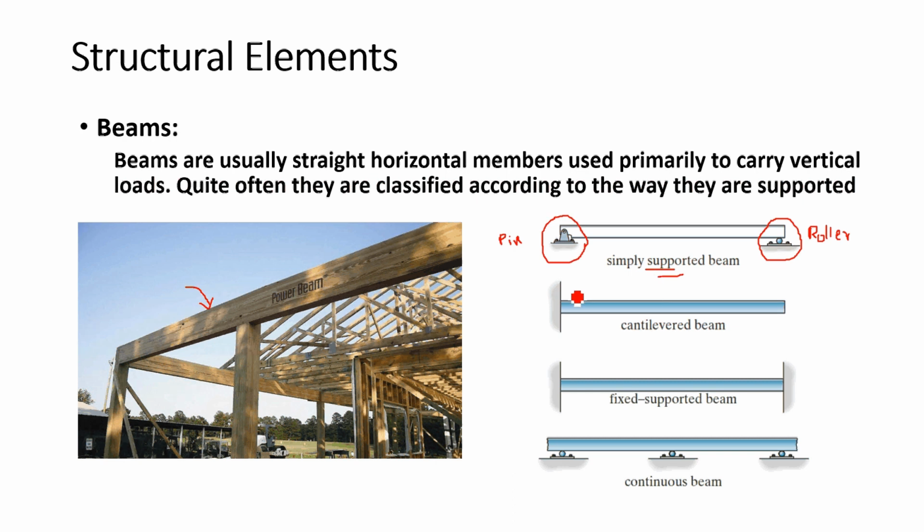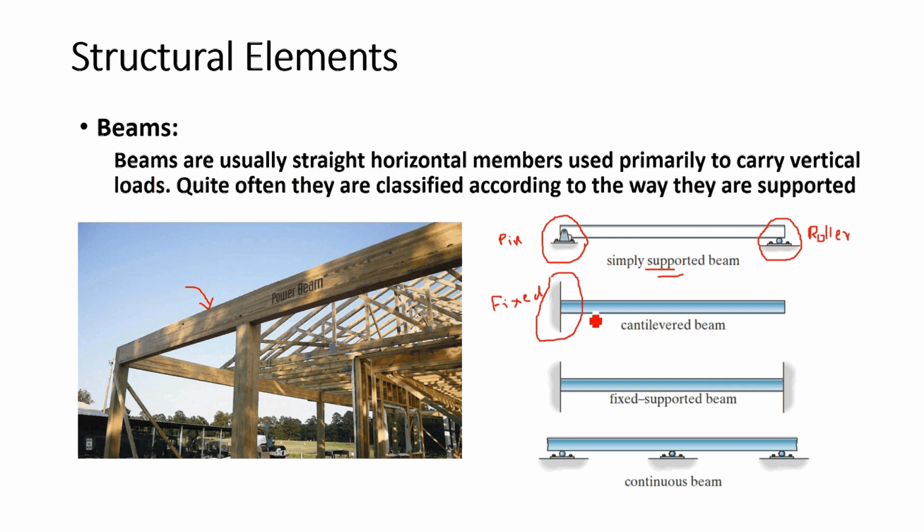We'll move on to the next one, the cantilevered beam. If you check these notations, it is different from the two we discussed earlier. This support we call fixed. I'll explain what a fixed support is in the next chapter.